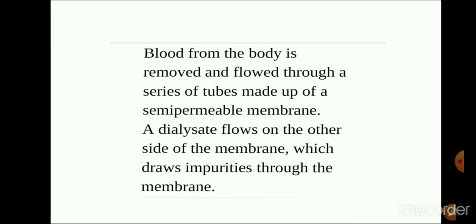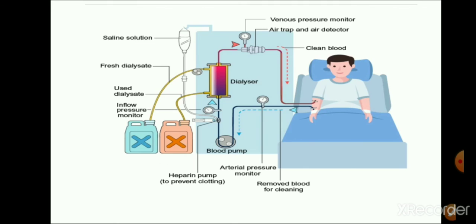Blood from the body is removed and flowed through a series of cellophane tubes with a semi-permeable membrane, and a dialysate fluid flowing on the other side of the membrane helps to purify the blood, drawing the impurities from the blood.